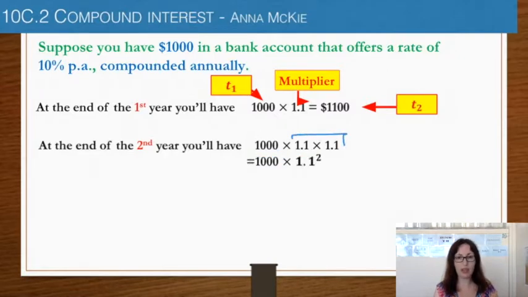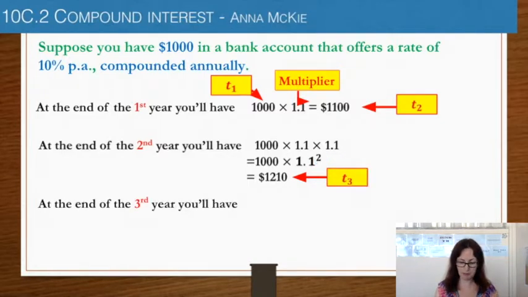The 1.1 is multiplied twice, and using your power laws, that's 1.1 squared. So that becomes our third term. So T3 is equal to $1,210. Notice that the power that we had there was power of 2, and this helps us identify term 3, thinking about the connection between those.